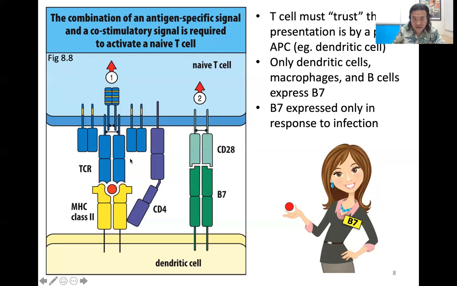So the T cell receptor binds there. Remember, it binds also to the MHC itself. So that's how the T cell knows that this red dot is actually being shown to it by another cell.